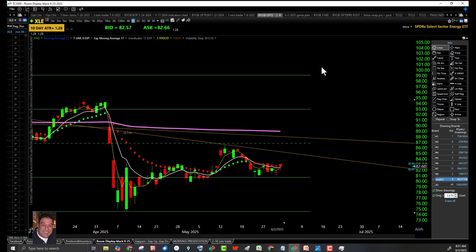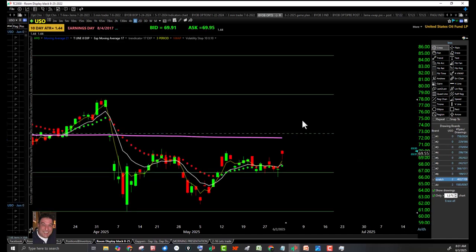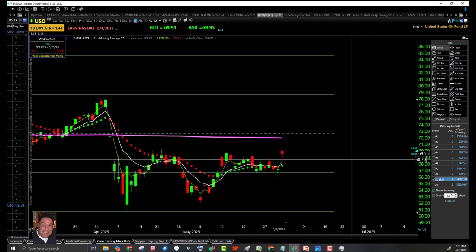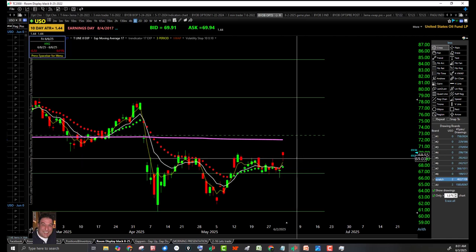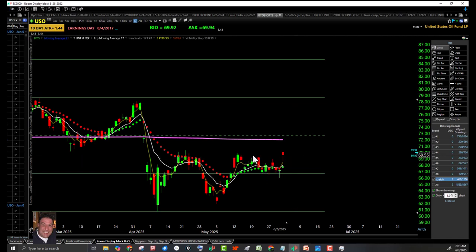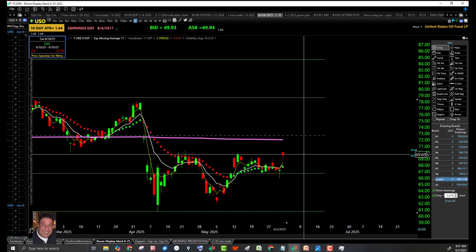Let's take a look at USO. Higher low, higher high, closing over the trap, over the 17. Not in the lower third, so that's neutral. All right, starts an uptrend. I'll call it an uptrend. They took out this high right here. Not much of a high, but they did. Starts an uptrend, I guess yesterday.